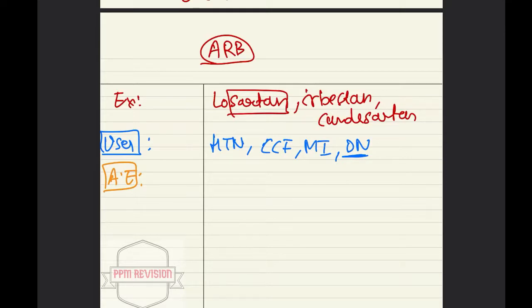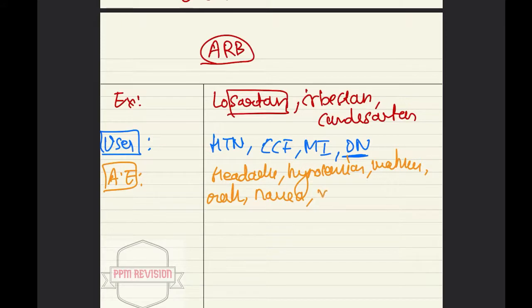However, it can result in some minor problems such as the headache, hypertension, and weakness, rash, nausea, vomiting, and also the teratogenic effect. Okay, so these are very important to know.